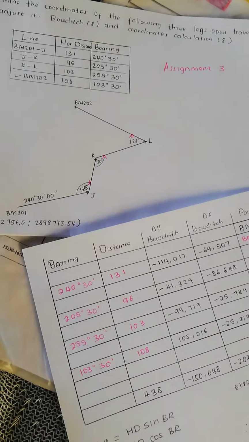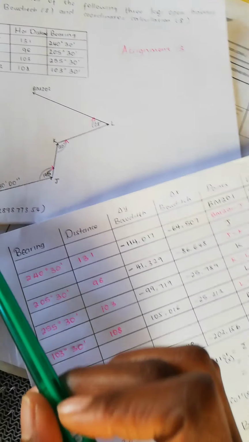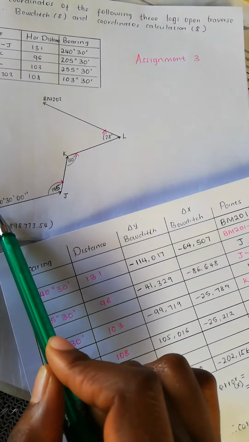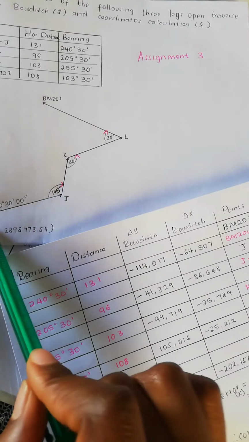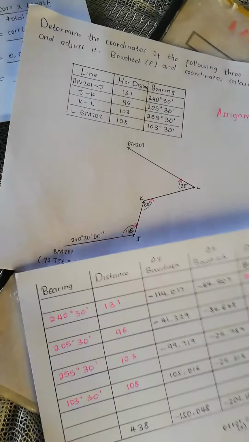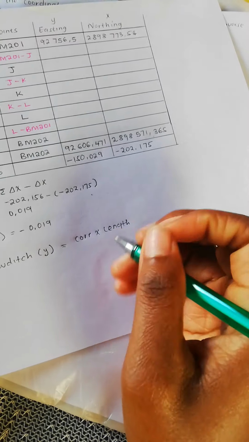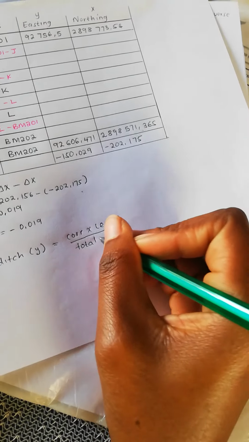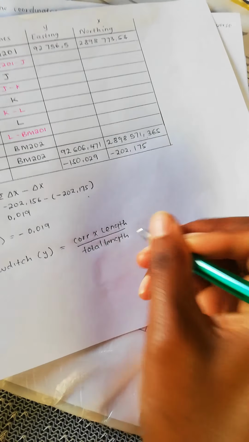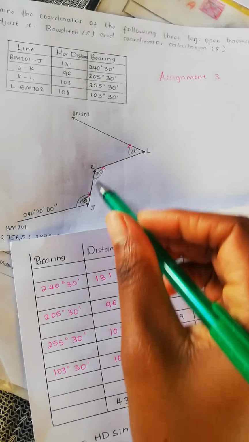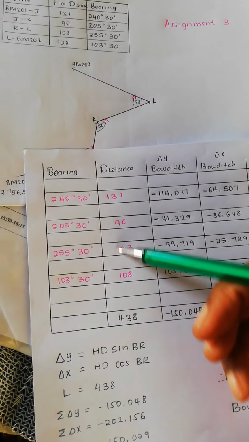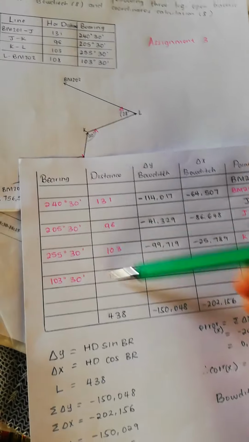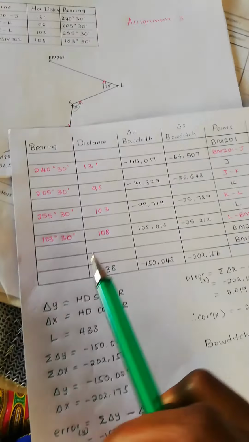Let's say, for example, we want to calculate correction between line benchmark 201 and J. When we say the length, we're referring to this length here. So over length multiplied by total length. Total length is this. You remember here we got the summation of this length. So this is our total length.